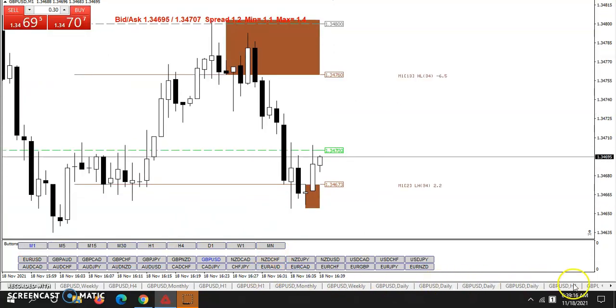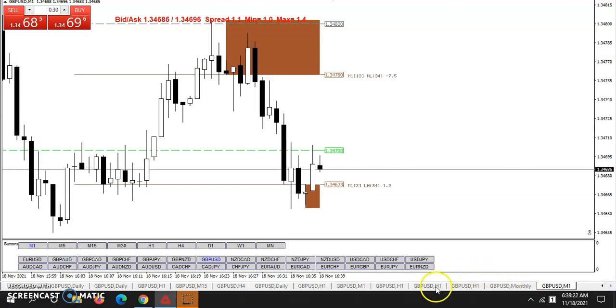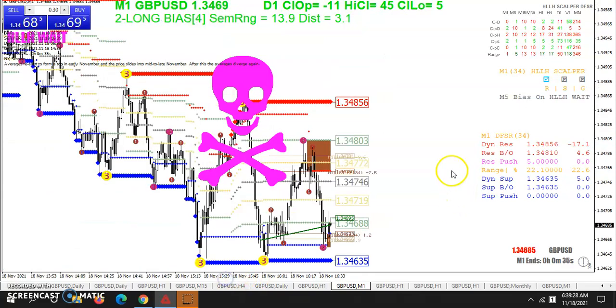Let me go over to my actual chart. This is the chart that I usually trade off of. Let me see if I can find where it happened.